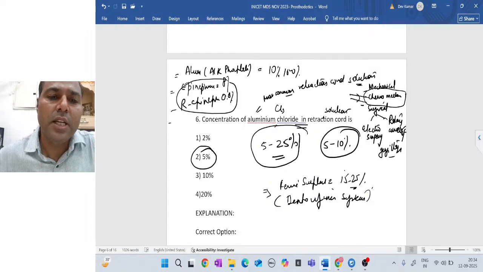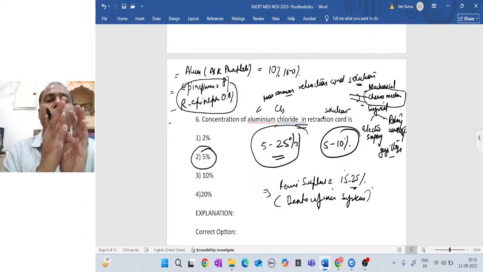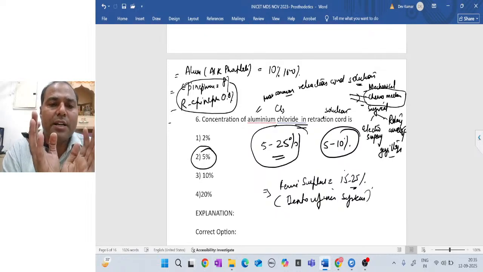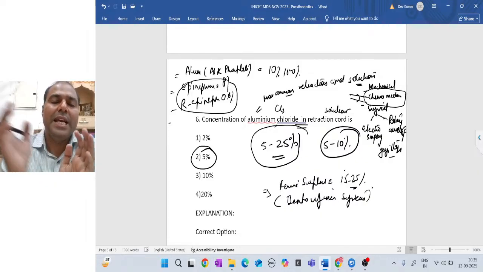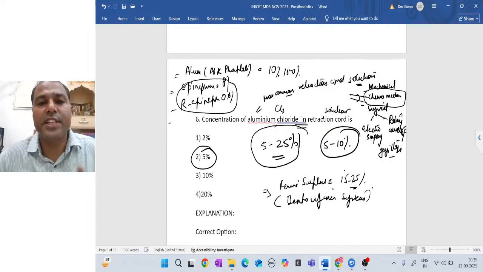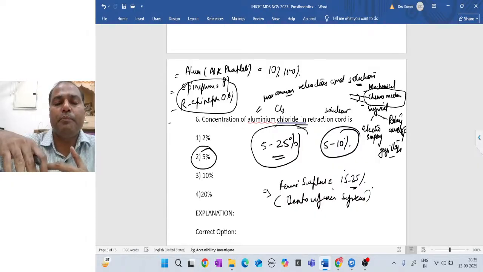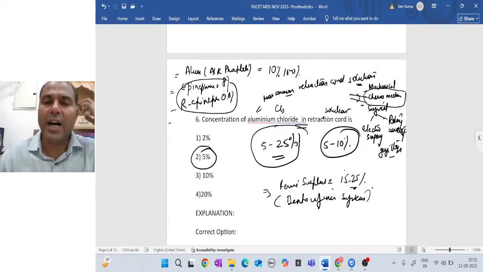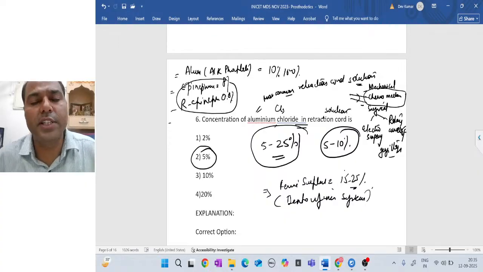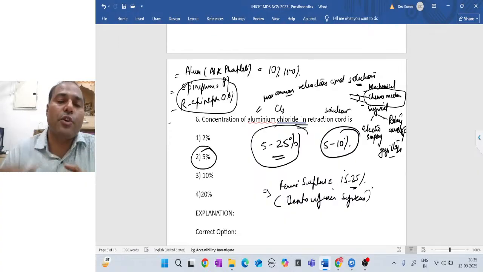Why? Look, we have 2 main purposes of gingival retraction. One, physical displacement of the gingiva away from the subgingival margin, and at the same time also produce hemostasis. We need a clean field so that our rubber base can record, because most rubber bases are hydrophobic in nature except polyethers, so they will not record that well.